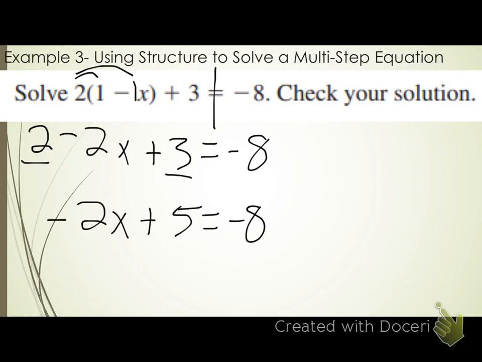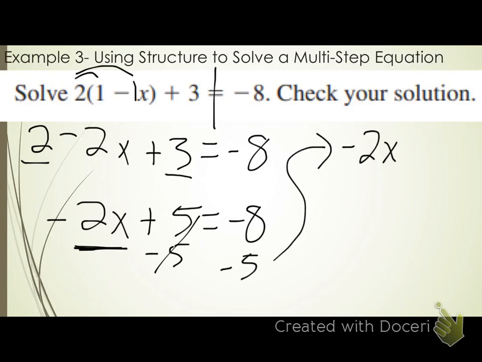Now I can start trying to isolate the variable using my inverse operations. In order to get the variable by itself, I need to get the term that contains the variable by itself first. So raise your hand if you can tell me what I would need to do. Subtract 5 from both sides. Very good. Thank you.